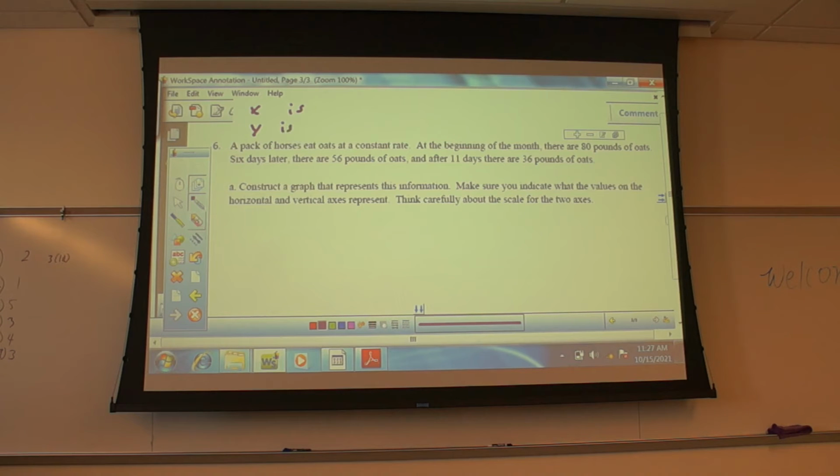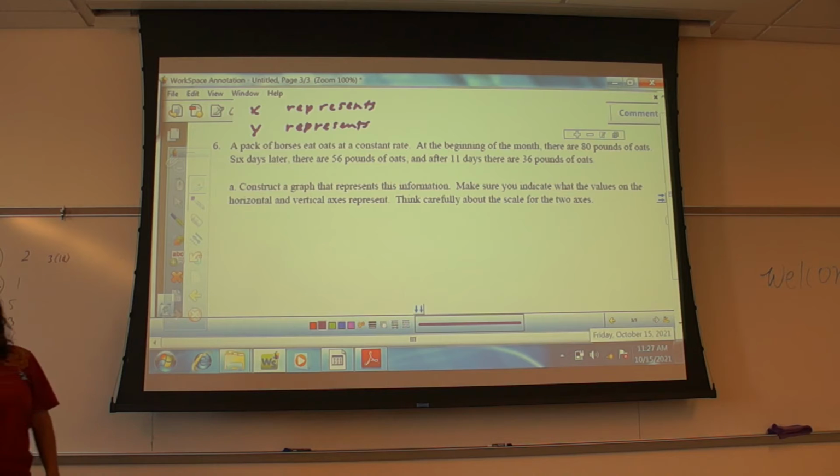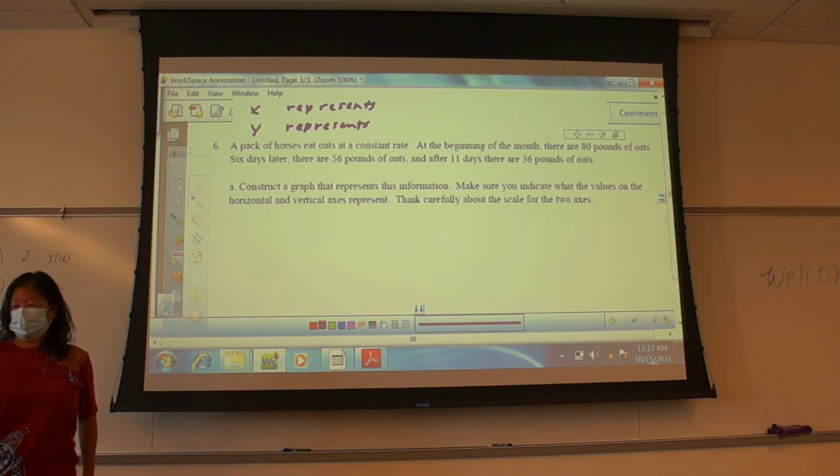Or maybe represents, if you're not sure what is, that's going to confuse you, then write down represents. x represents, y represents. And maybe on your note card, if you have a blank sheet of paper, you should write on there somewhere, word problem, figure out what x and y represent. It should be your first step.